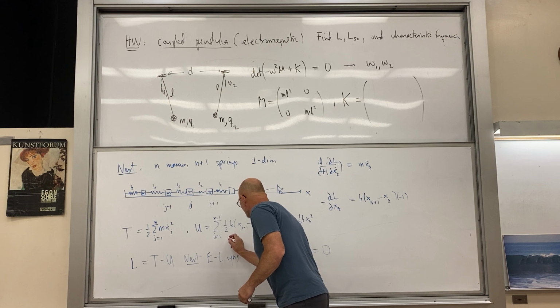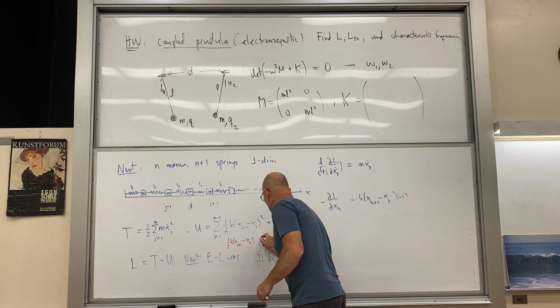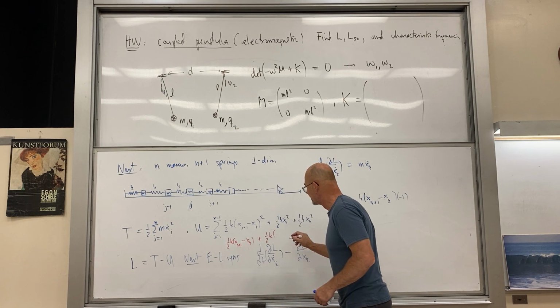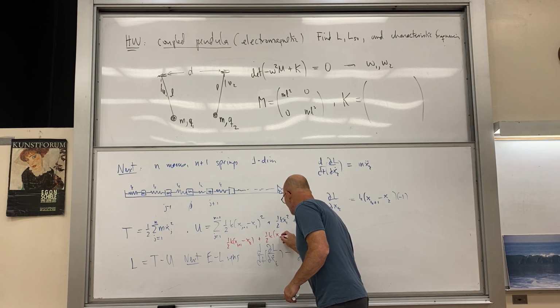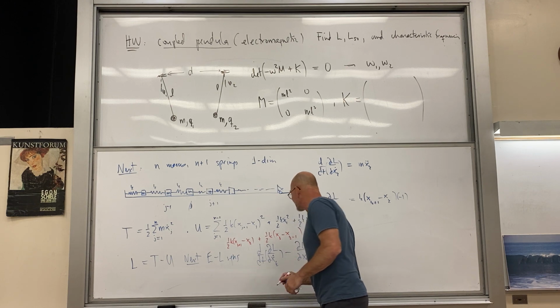That's what we're seeing. We have two of these. 1/2 k xk plus 1 minus xk. We also have the 1/2 k xk minus xk minus 1.